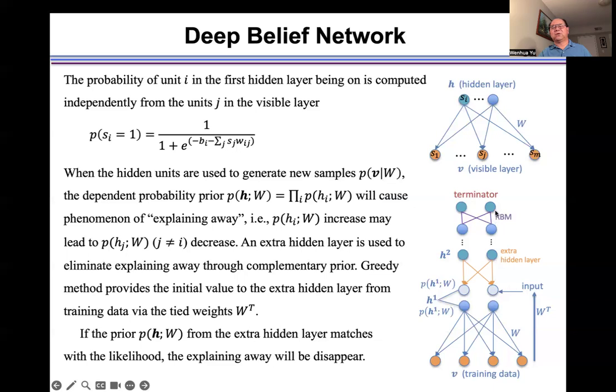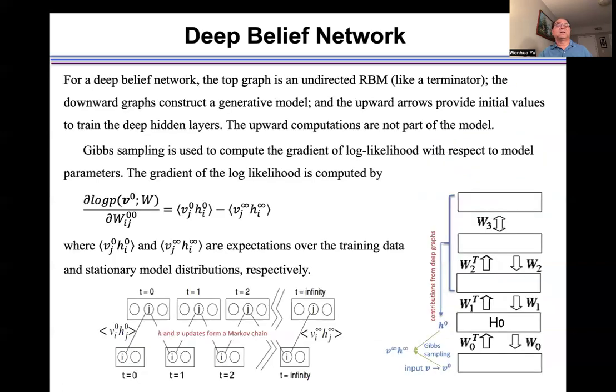And so on until we reach the end of the model. That is the restricted Boltzmann machine used as a terminator. If the prior from the actual hidden layer matches the likelihood, the explaining away will disappear.